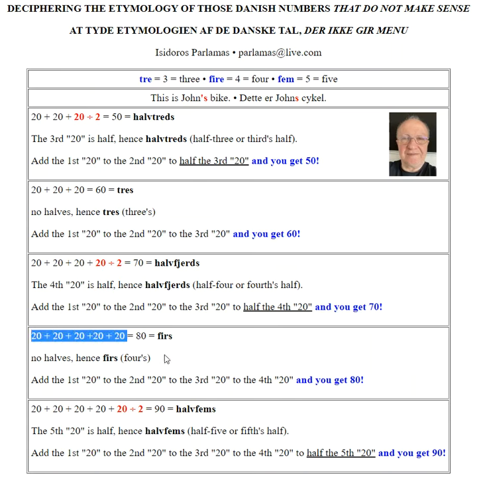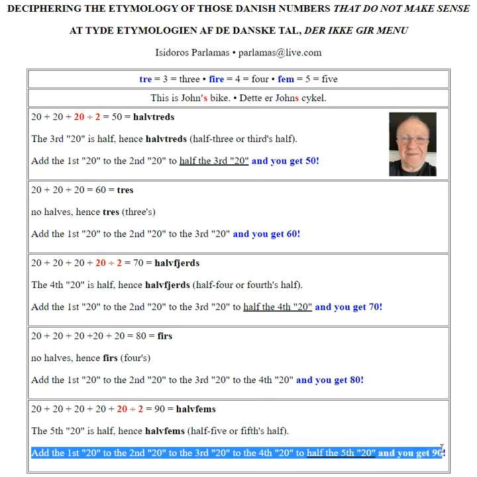And 90 is halvfems. Halvfems means the fifth's half. And what does the fifth refer to? It refers to the fifth 20. And we add 4 20s here, plus the half of the fifth 20, and that of course makes 90. Okay, that's where you have it.